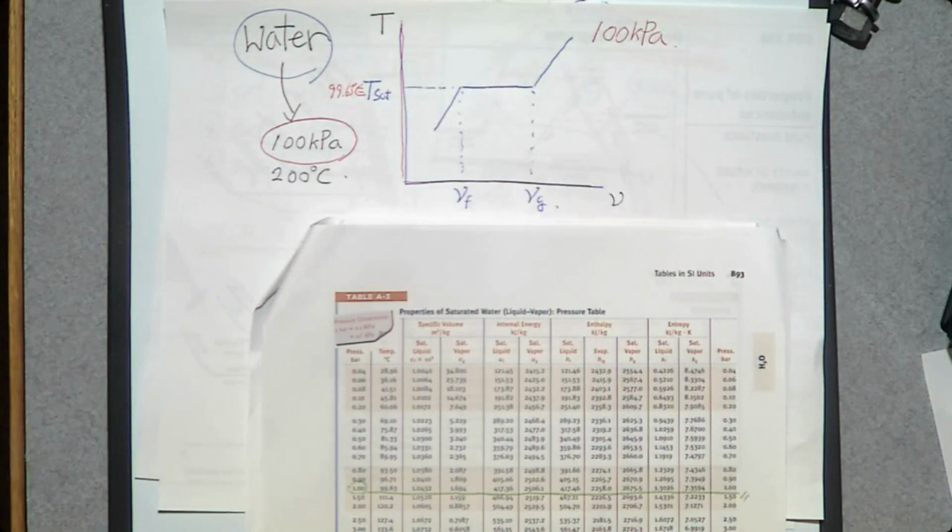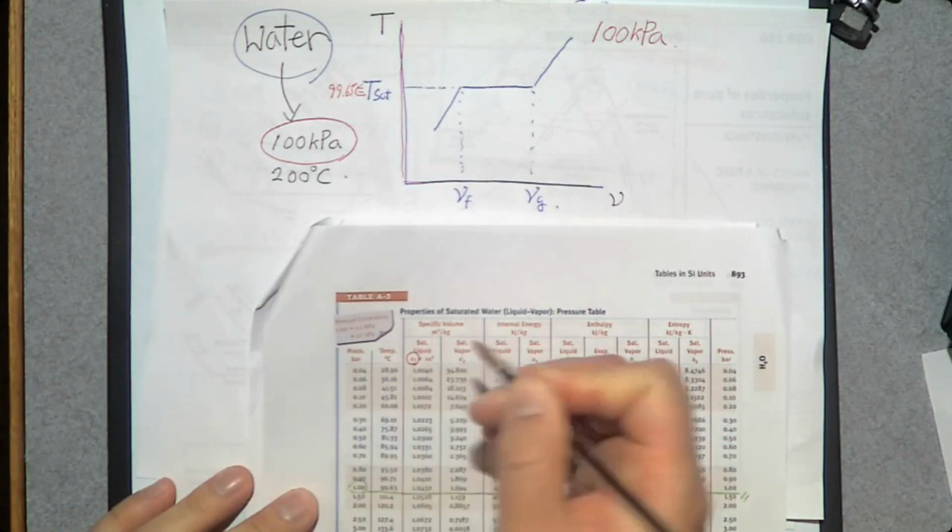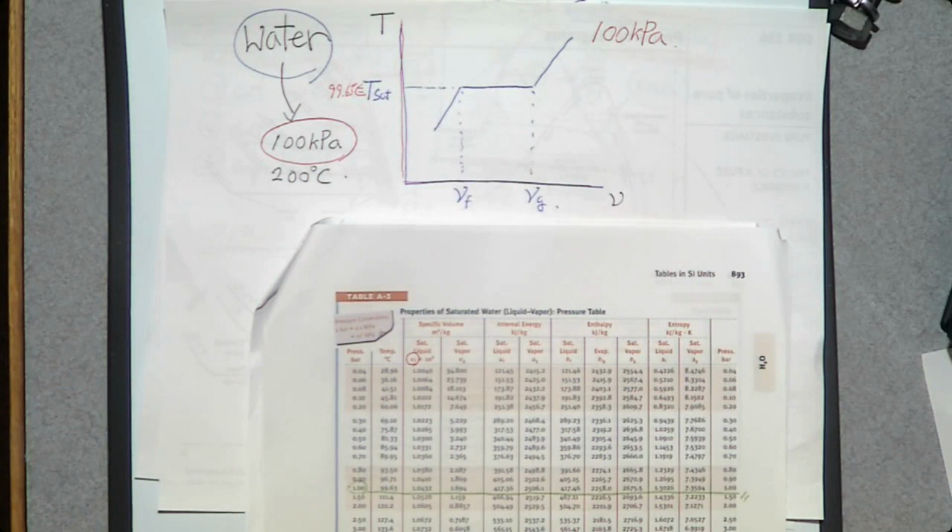Then what is VF? VF is here, this VF. However, the specific volume of saturated liquid, which is VF, is very small. So we multiplied this value by 1,000 and wrote them here. So the actual VF is going to be this value divided by 1,000.